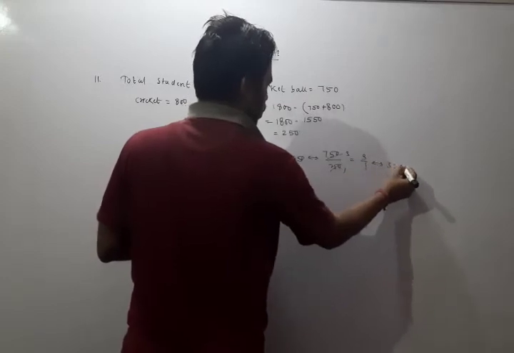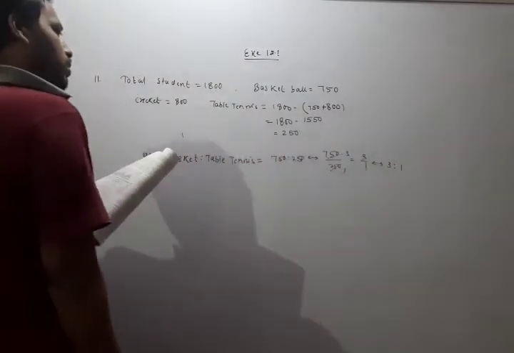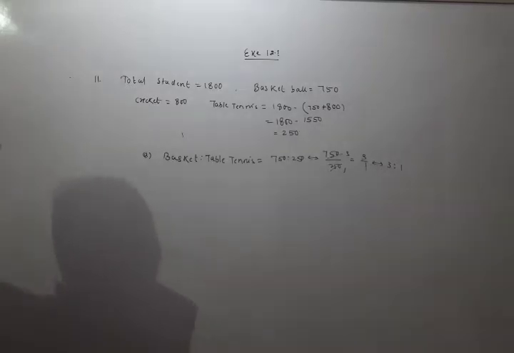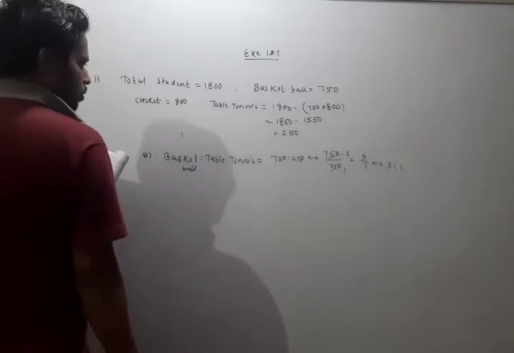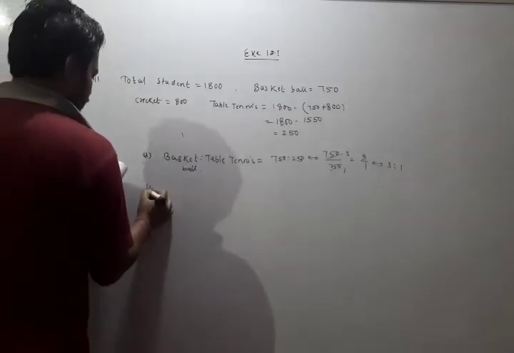So what will be the ratio? Opted basketball to table tennis will be 3:1.